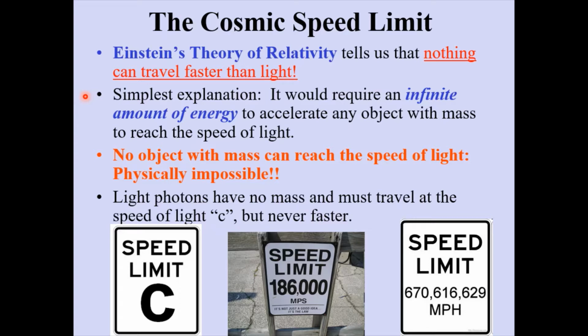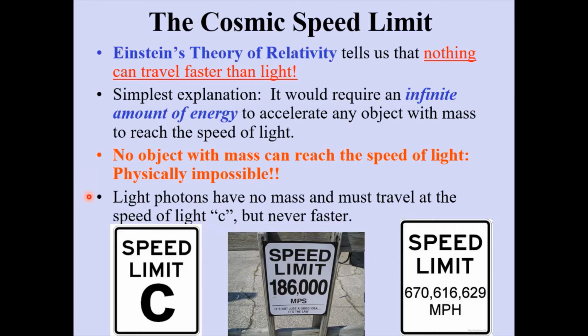It would actually require an infinite amount of energy to accelerate any object with mass to reach the speed of light. So no object that has mass can reach the speed of light. It's physically impossible. We can get small particles to approach the speed of light and get very close to the speed of light, but we can never actually get there, and we certainly can't exceed the speed of light.